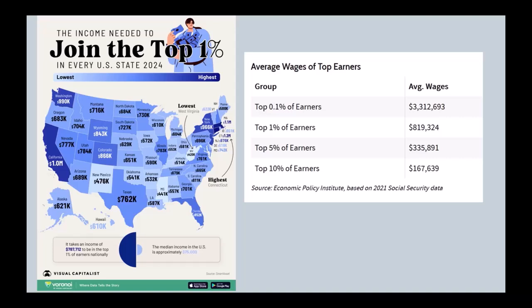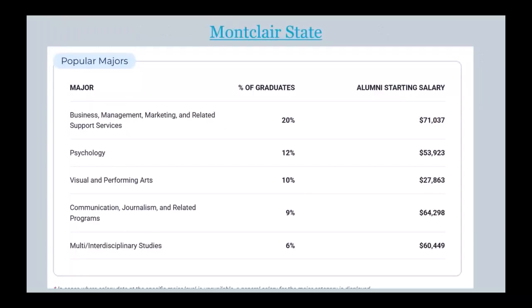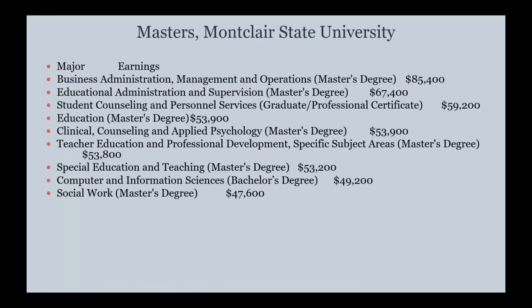Okay, let's look at some hard data. Let's find out. Here's the starting salary for business marketing at Montclair State University: $71,000. Okay, so that's your starting salary. If you have a master's degree, it's $85,000.